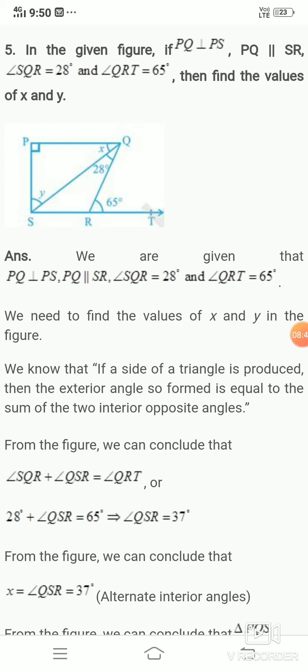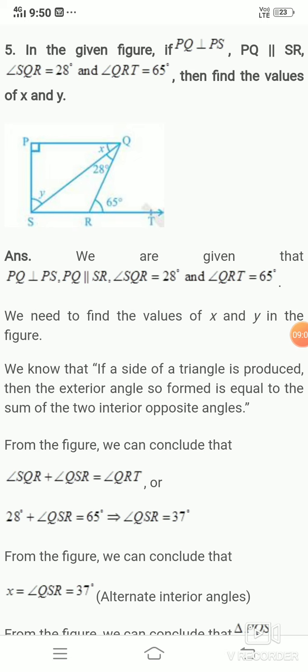Now find the values of X and Y. So consider the triangle PQS or the triangle SQR. Here the unknown values are in the triangle PQS, but one angle is given at P, 90 degrees. So X and Y we need to find.